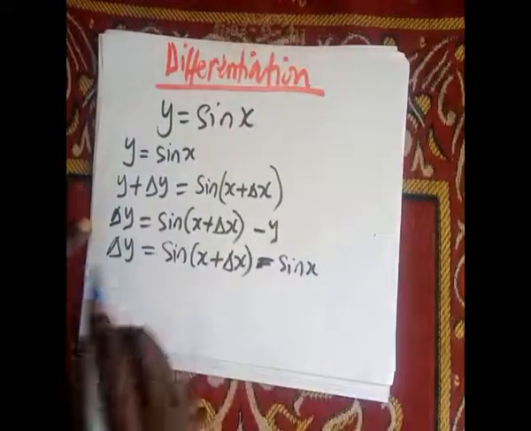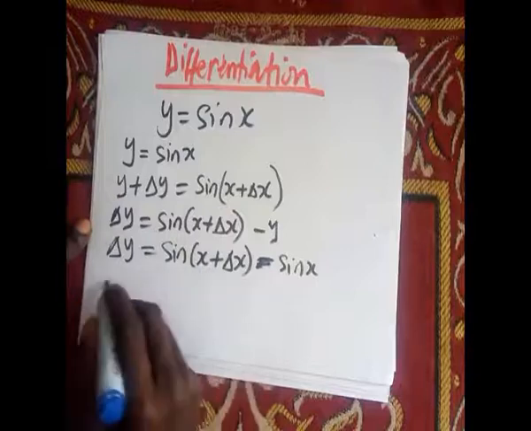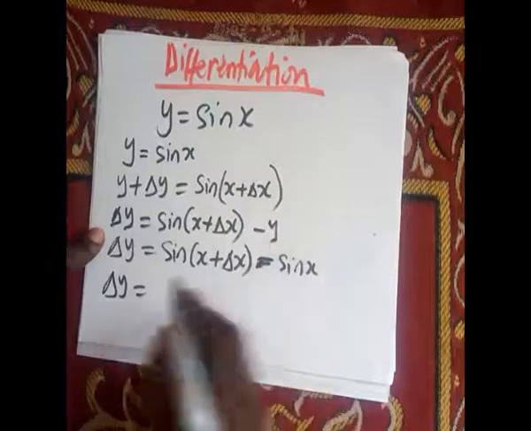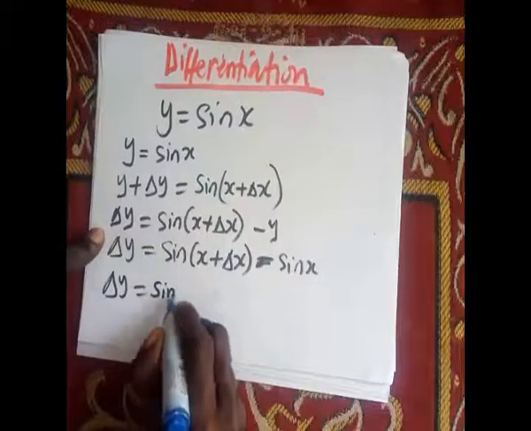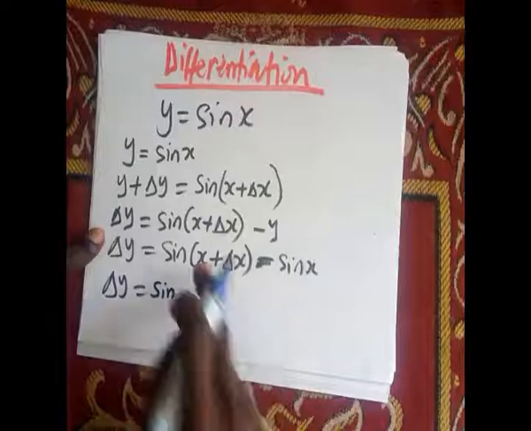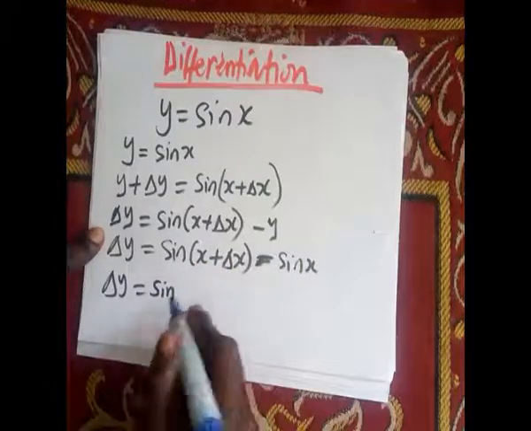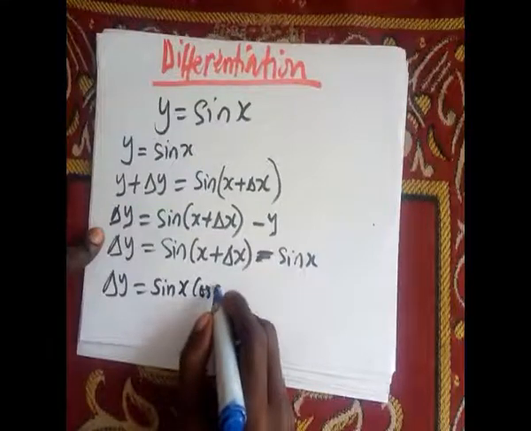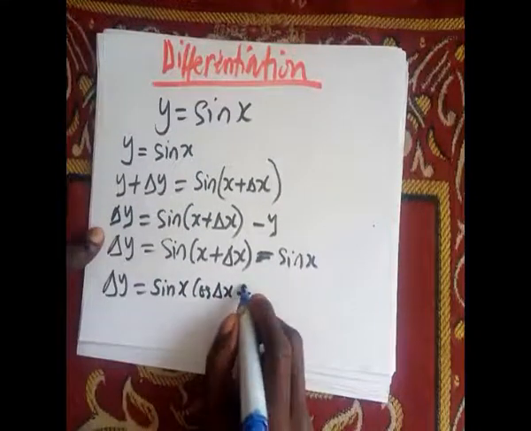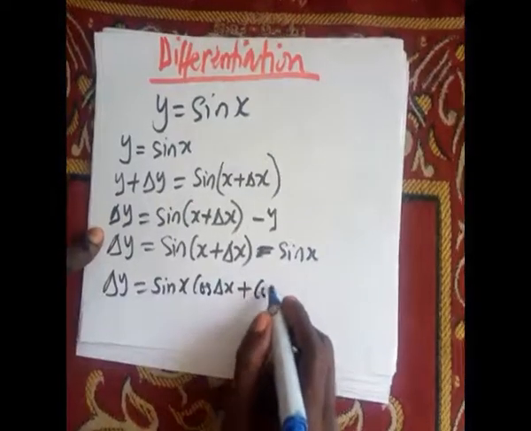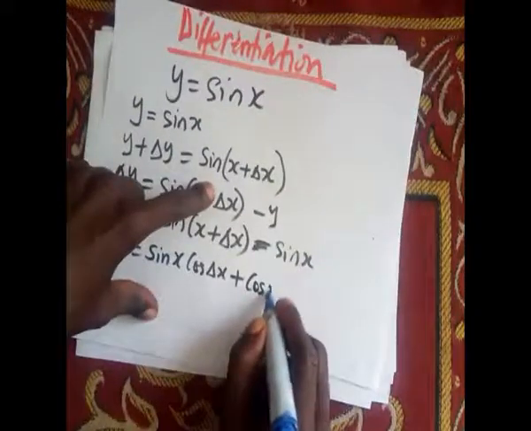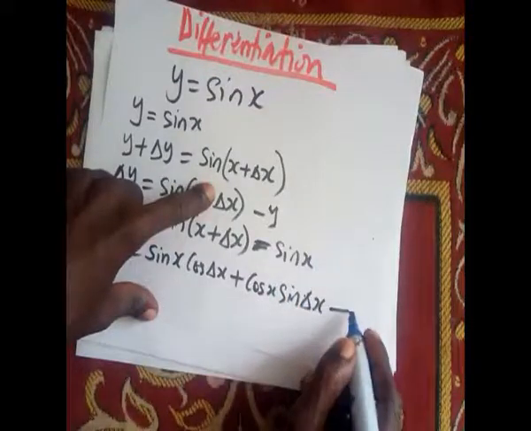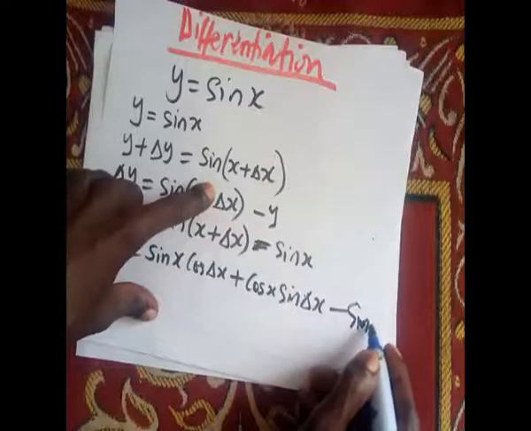We can expand this. Delta y equals, based on the trigonometric double angle formula, sine x cos delta x plus cos x sine delta x minus sine x.